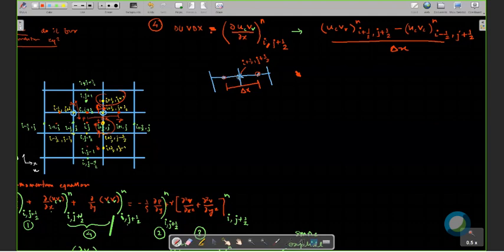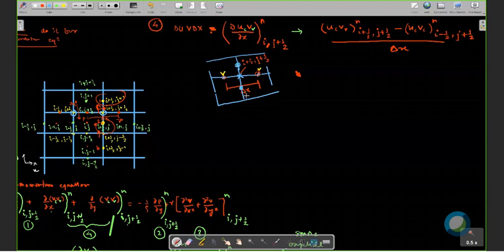What is correct is to look at, because U is not defined here. U is not defined here. What is defined here is V. Okay. So this is not the way. So you have to look at the other point where, to calculate U at this point, you have to take this one and this one.